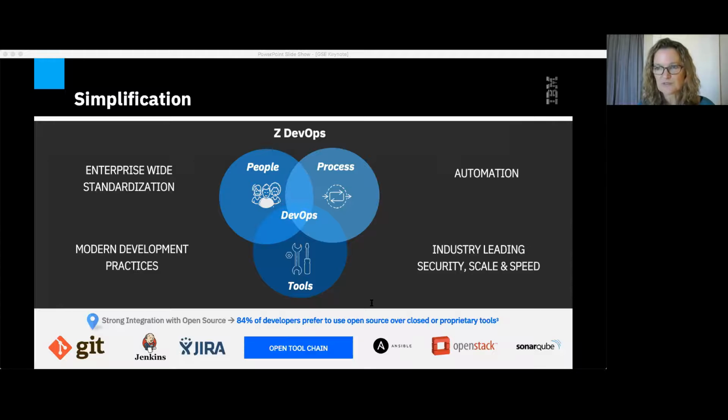These are very familiar tools to individuals coming out of colleges today, but also those in the distributed area, those individuals that we want to ensure we're connected with across the enterprise to bring the IBM Z platform on par, to just be another platform that everyone understands within our organizations.